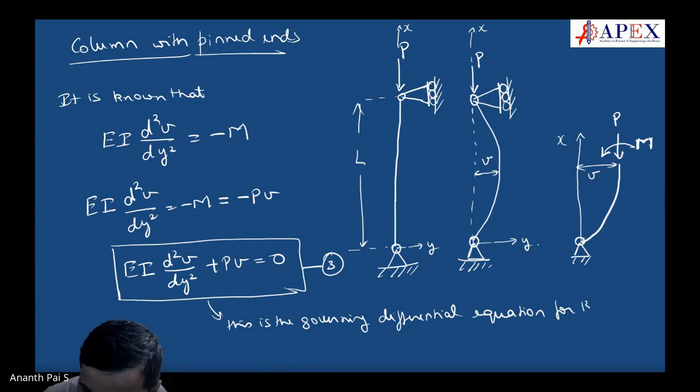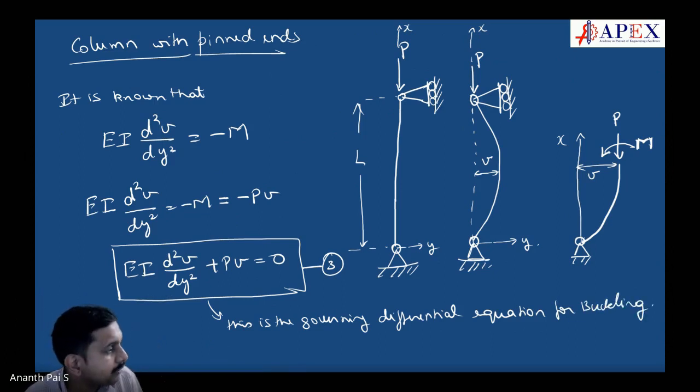This is the governing differential equation for buckling. Now we have to solve it using the boundary conditions.